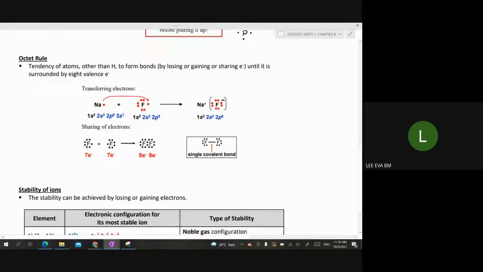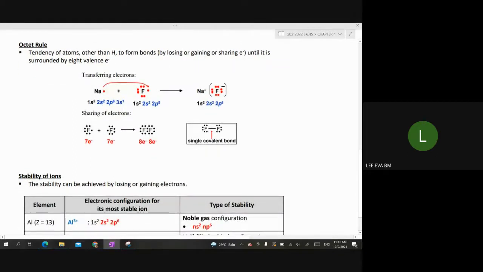Okay, so next one we want to talk about the octet rule. I think most of you are already familiar with the word octet. Octet means you need to achieve the maximum 8 valence electrons, except for helium and also hydrogen, because they can only form a duplet. They only go up to s1 and s2.